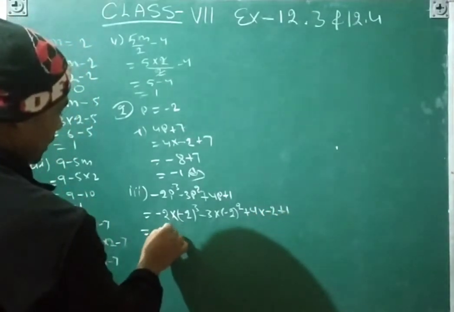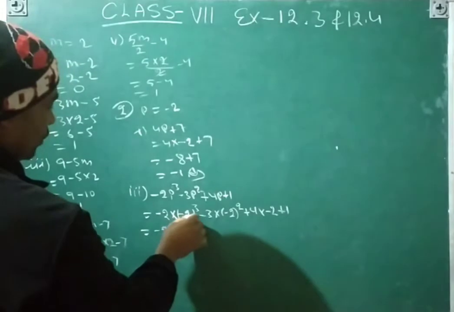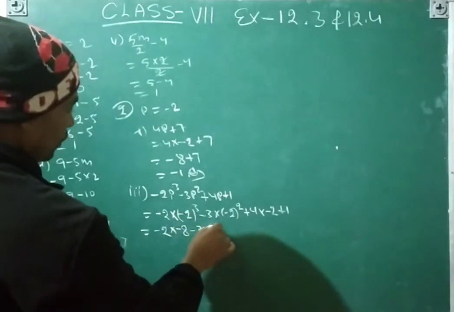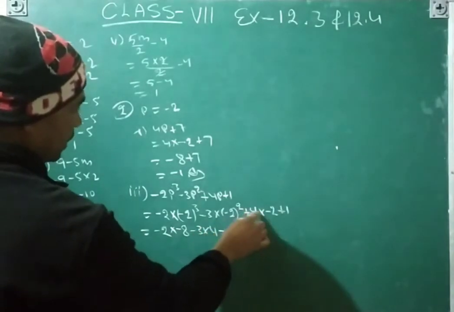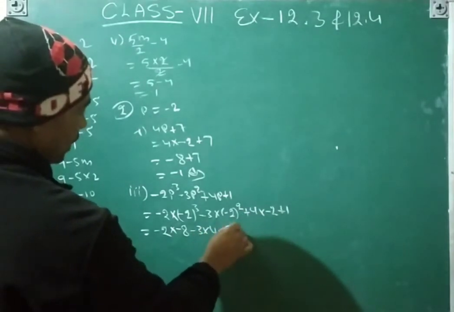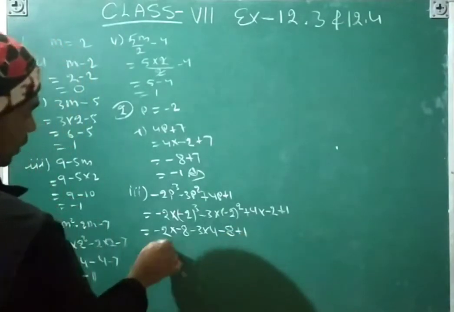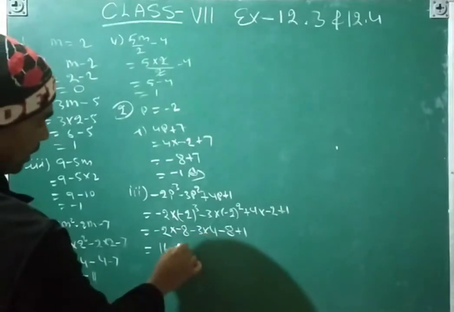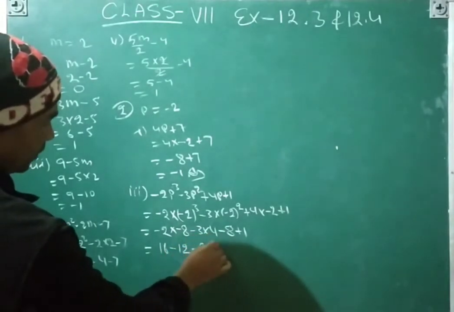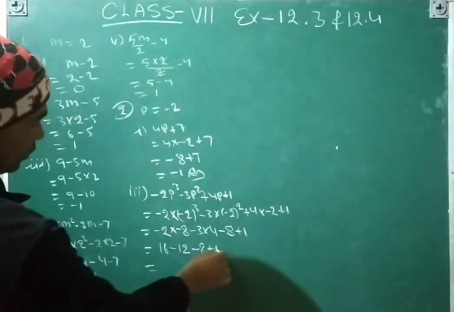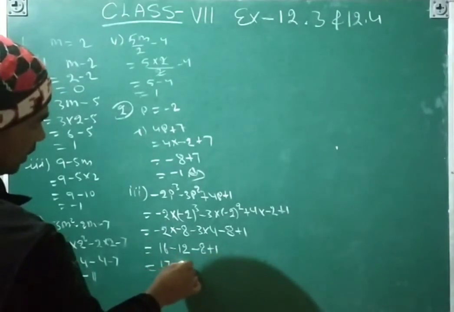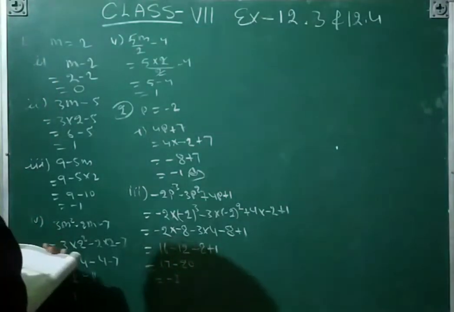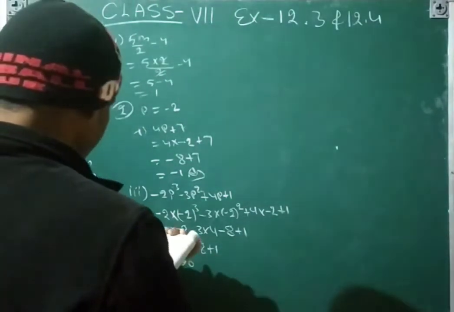That is minus 2 into 4, which is minus 8, minus 3 into minus 8, which is plus 24... combining, these two make plus 17, minus 20, so that is minus 3, answer.